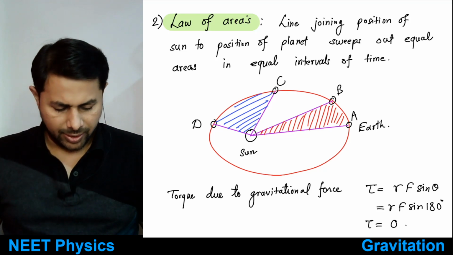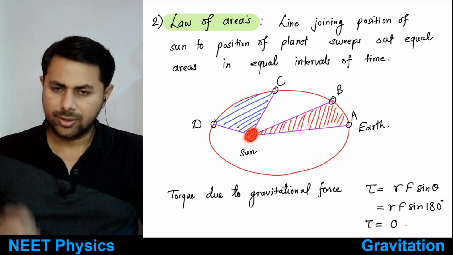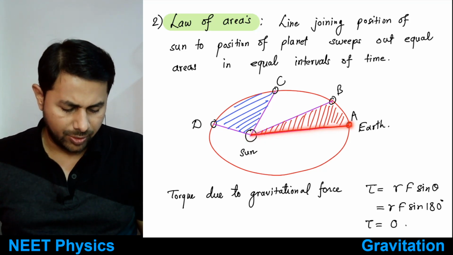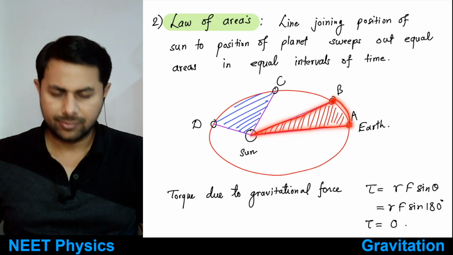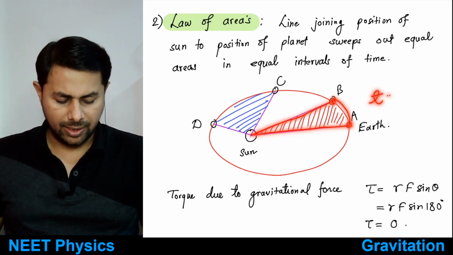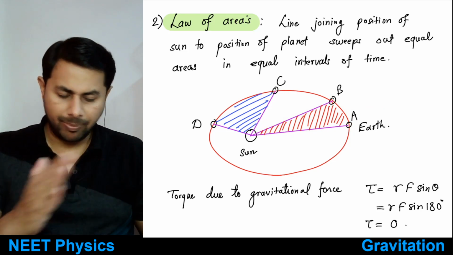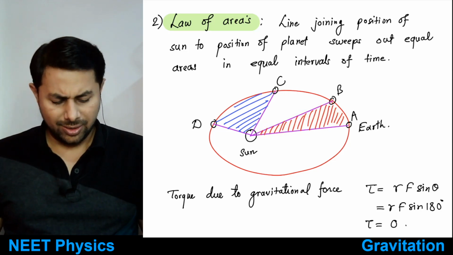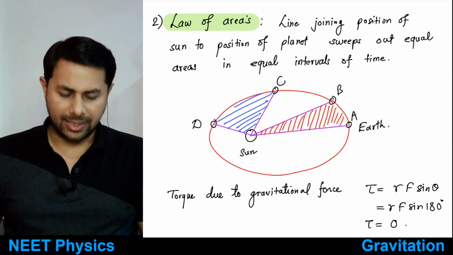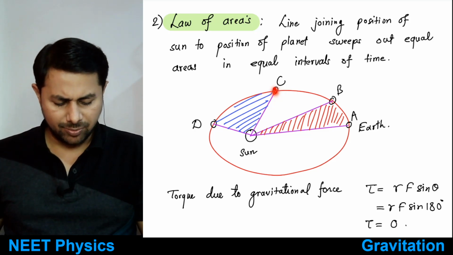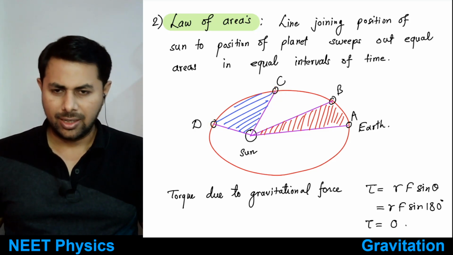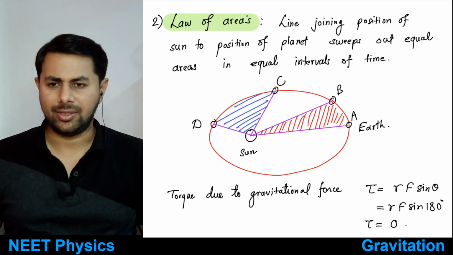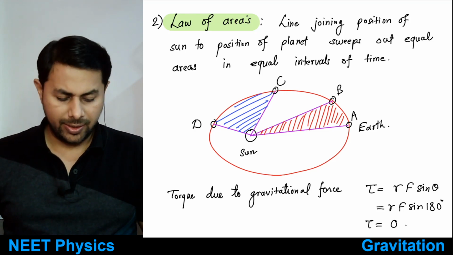Now see, suppose the sun is over here at one of the foci, and this is the earth. It moves from point A to B in some time t, then the area swept out is equal to this shaded area. Now suppose at some other time the earth moves from point C to D, also in the same time t.